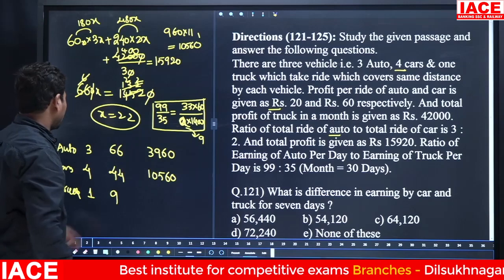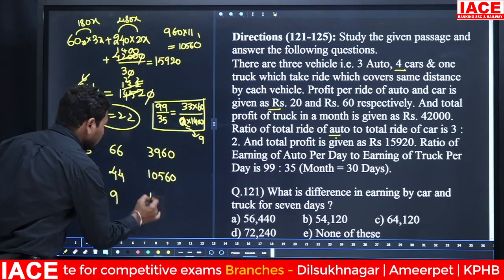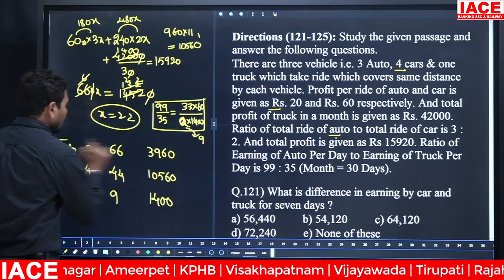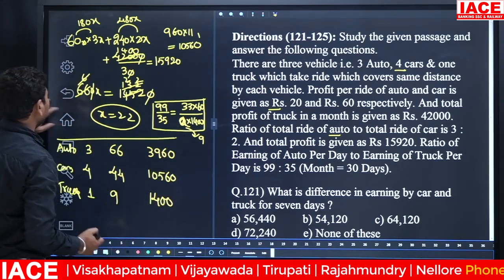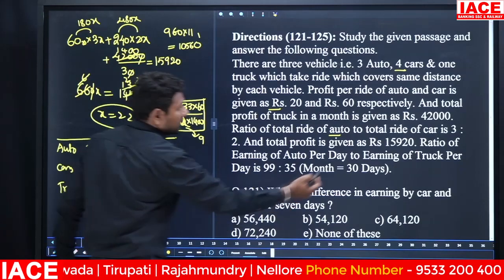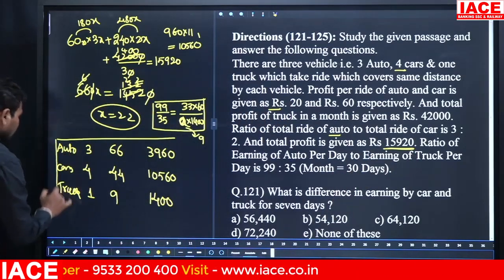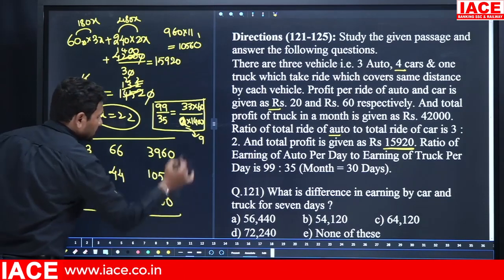And the 1 truck will generate 1400 rupees. Finally we have the table, and when you equalize it to 15920, you get this table overall. Based on this we have to solve the questions.